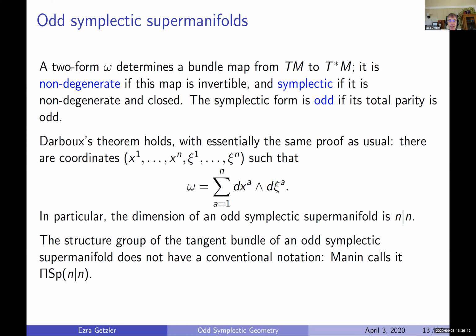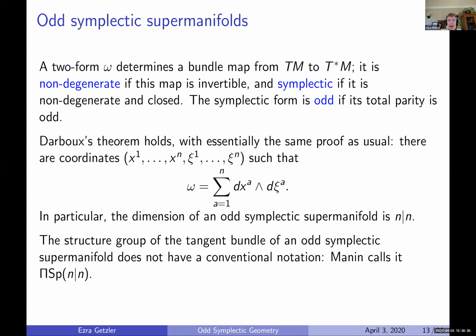So if you have an odd symplectic supermanifold, there's a reduction of the structure supergroup of the tangent bundle from the full general linear supergroup GL(n|n) to a linear sub-supergroup, which unfortunately doesn't seem to have any conventional notation.